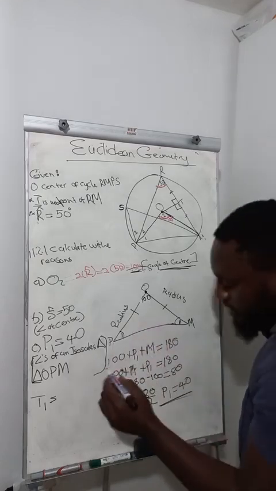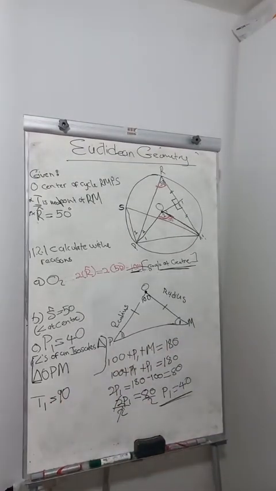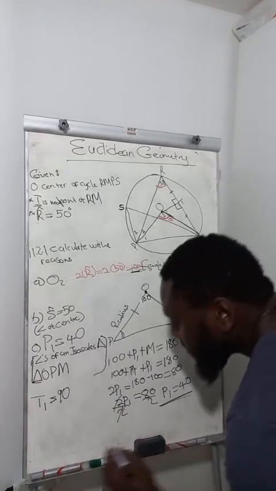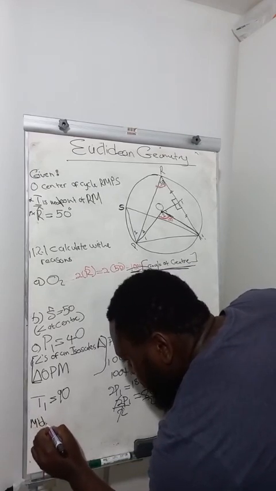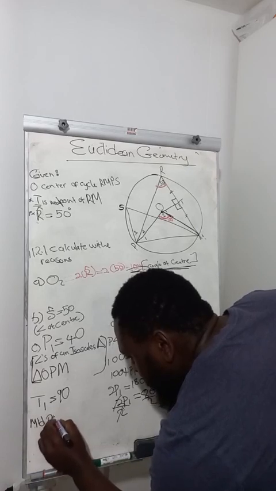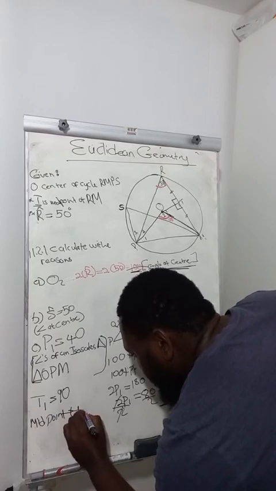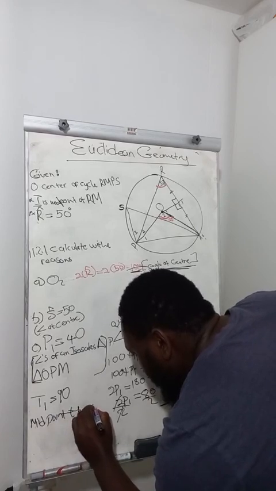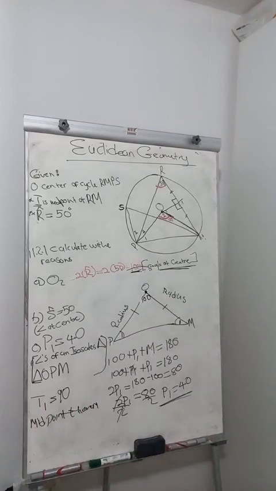So T1 is equal to 90. The reason for this will say midpoint theorem.